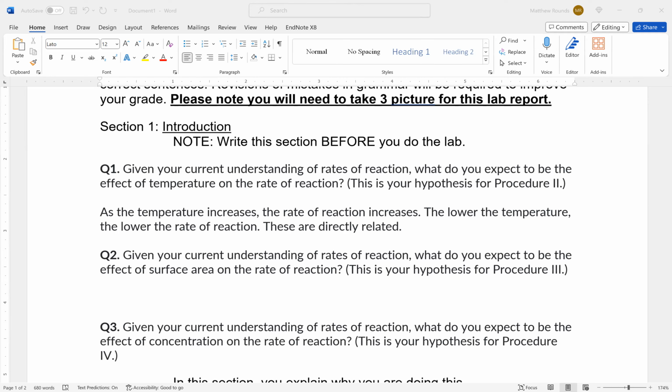So I wrote the starting sentence. Should I also mention the fact that it can increase when you crush it, or should I not? You could add in a sentence that crushing the tablets will increase the surface area, but that's not part of your hypothesis.